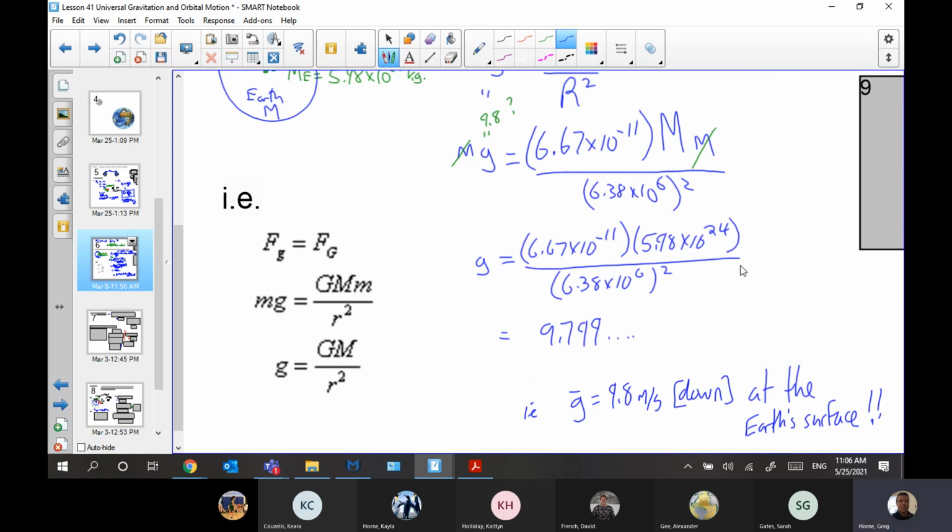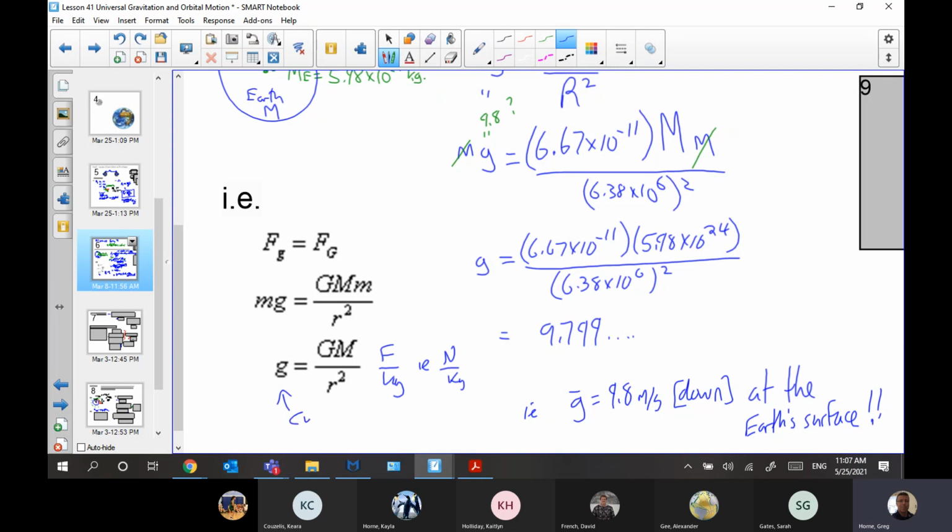Okay. Or you could think of it as g equals GM over r squared, I suppose, right? But I should point out that this is force per kilogram, equivalent to what we saw in the electricity unit. Force per kilogram, i.e. newtons per kilogram. Anyways, this is gravitational field strength.